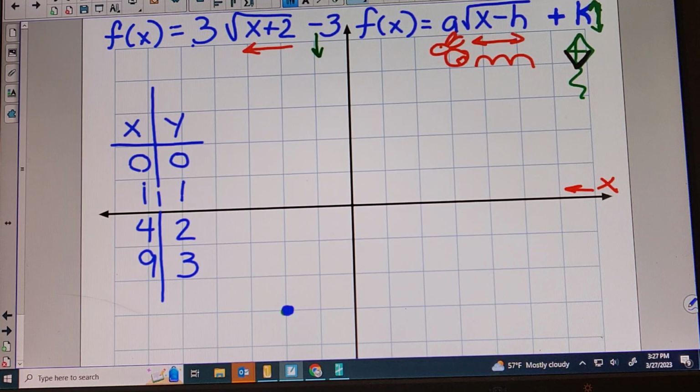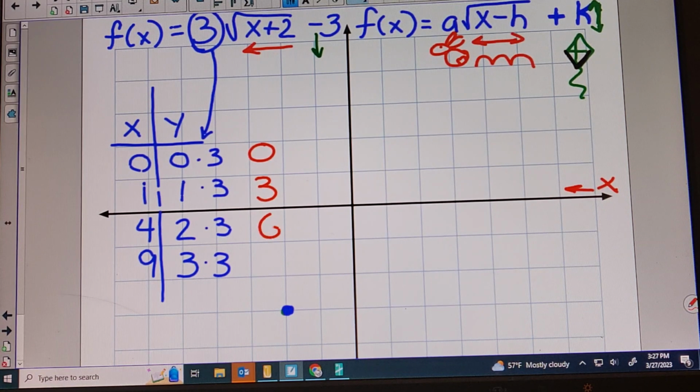If I have a number out front, it's gonna change my slope, but we're gonna do it a little bit differently. We're going to multiply all the y values times 3. So now my new y values, I'll write them in red, are 0 times 3 is 0, 1 times 3 is 3, 2 times 3 is 6, 3 times 3 is 9.